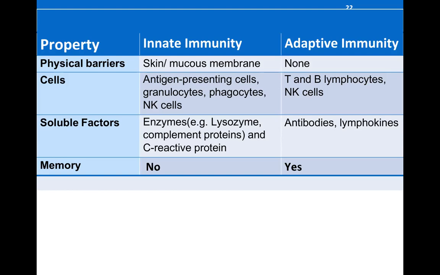Soluble factors found in the innate immunity would be the enzymes, your lysozymes or the complement proteins, your complement systems will be discussed further in a while, and your C-reactive protein. Adoptive immunity would be antibodies and lymphocytes. Okay, in terms of memory, memory is only exhibited by your adoptive type of immunity. Okay?